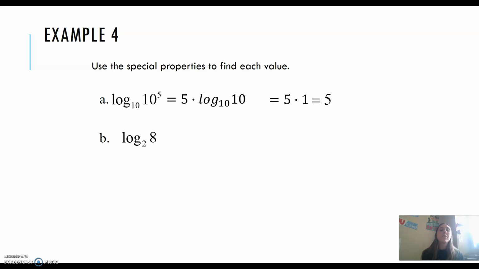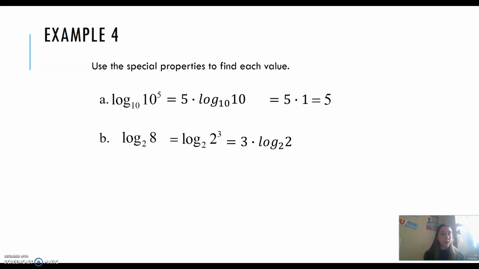All right, so we have log base 2 of 8. Now, a lot of us in class were able to jump to, that's 3. But here's why it's 3. We can rewrite 8 as a power of 2, and if we're able to do that, we should. Then we can apply the power rule.